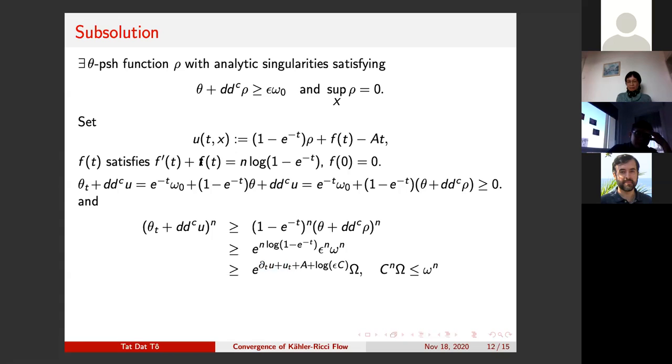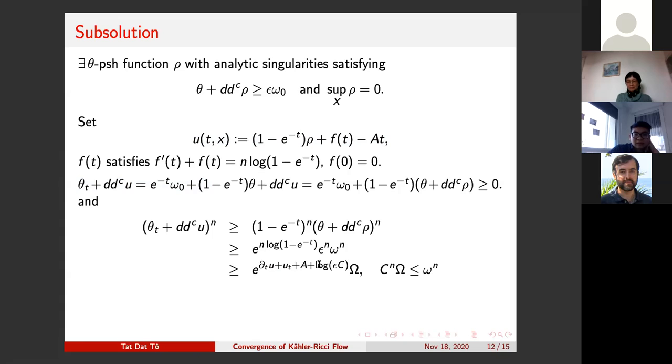So because this is equal to this term, it is exactly the coefficient on the exponent here, and log of (1 minus e to the minus t) is exactly the sum of f(t) plus f'(t), and then we can see that this is exactly this sum.